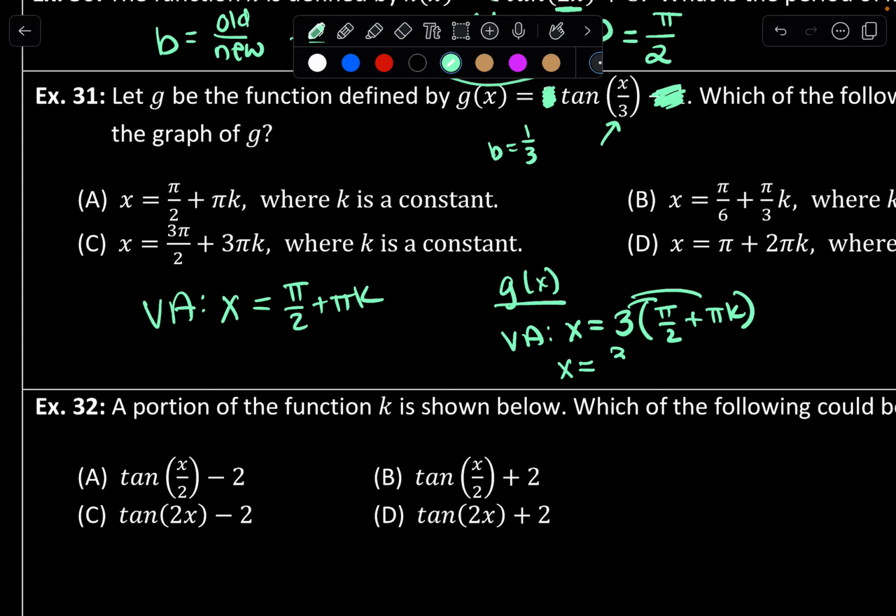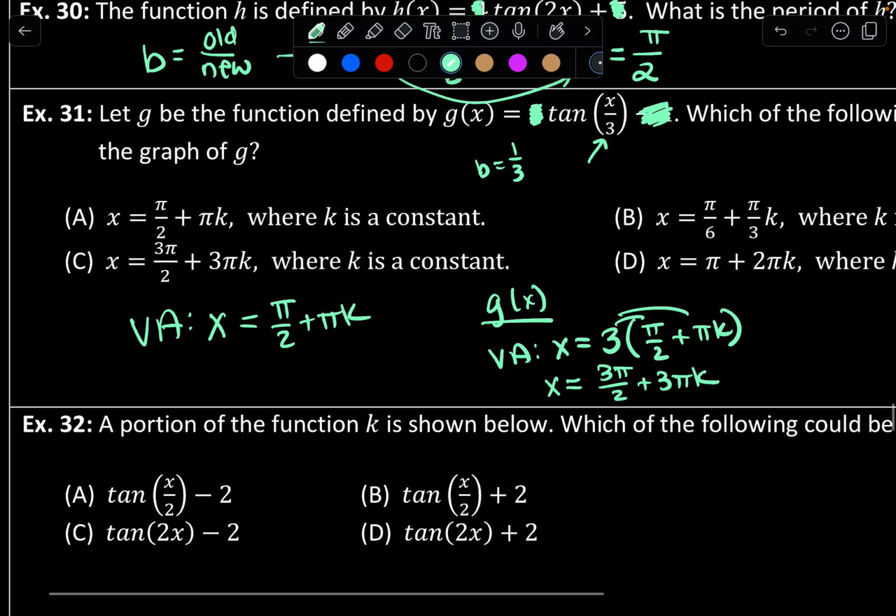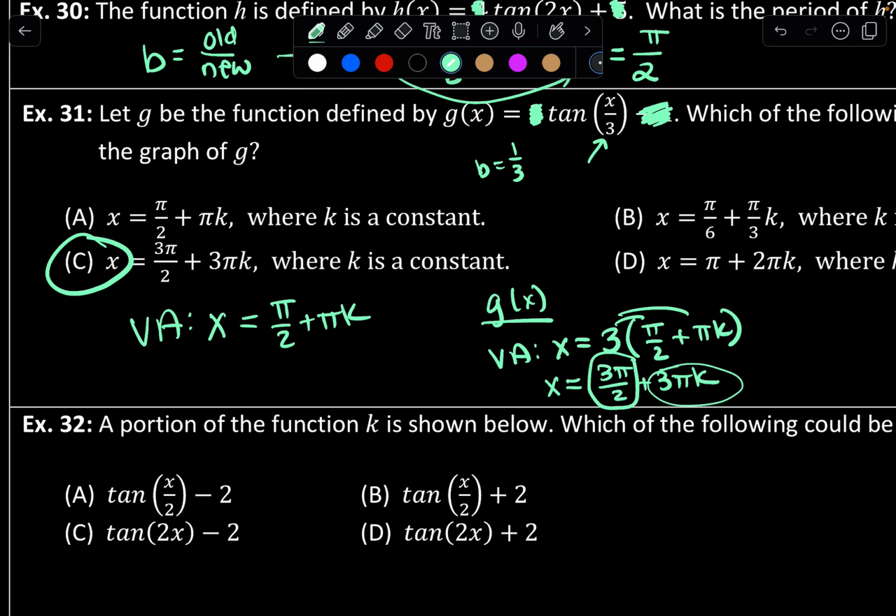So we get 3 pi over 2 plus 3 pi k. Which makes sense because if our original vertical asymptote is at pi over 2, we are stretching that by a factor of 3. So now it's starting at 3 pi over 2, and instead of occurring every pi, it will now occur every 3 pi because that is our new period. The period now has a length of 3 pi. So that means it's C.